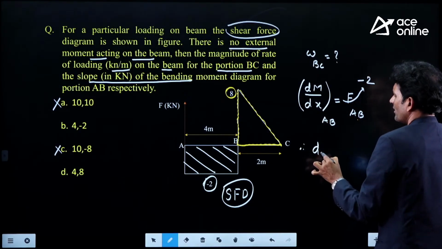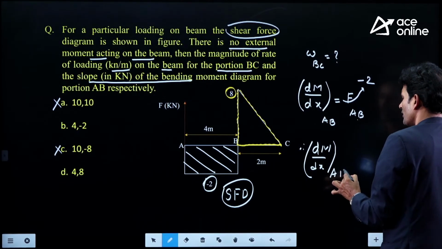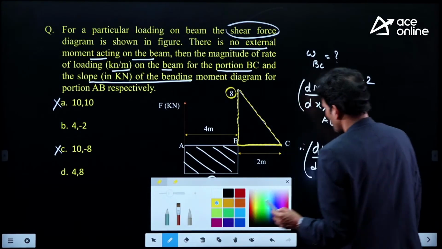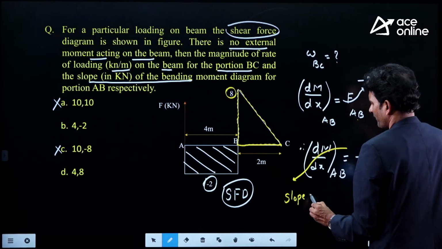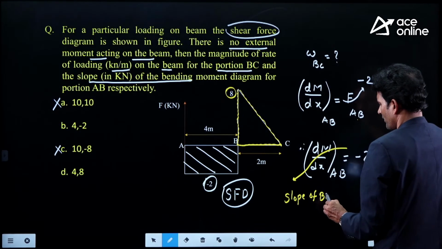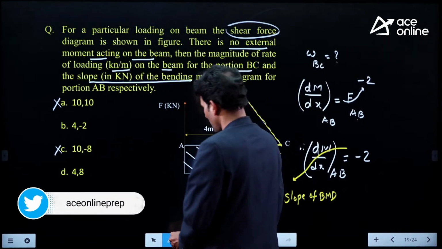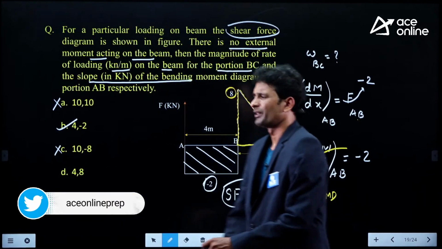Therefore dM divided by dx in segment AB, the slope of BMD, should be equal to minus 2. So which one is correct, my dear friends? Option B is correct.